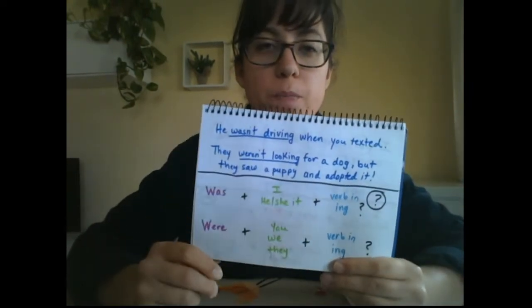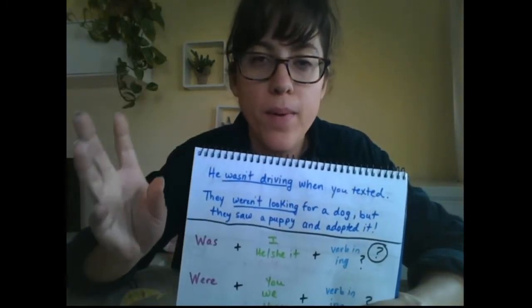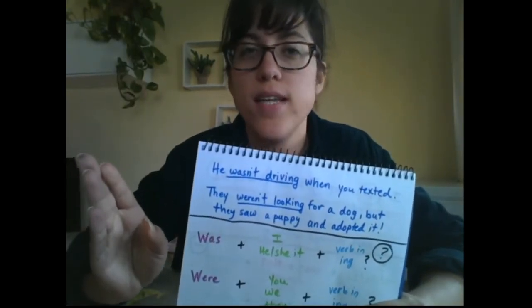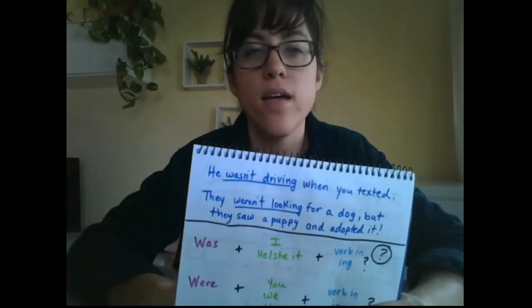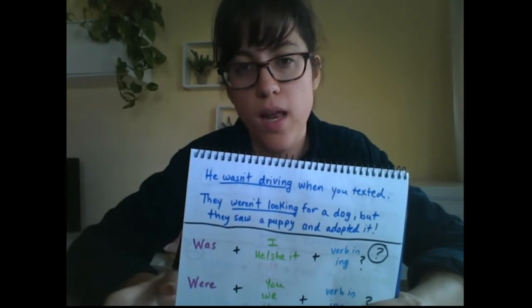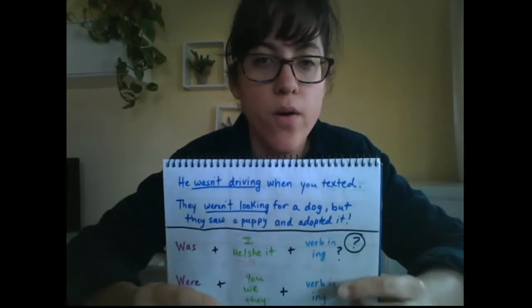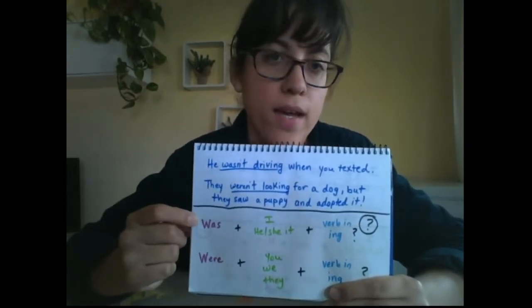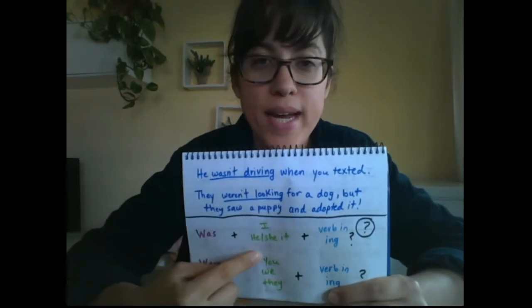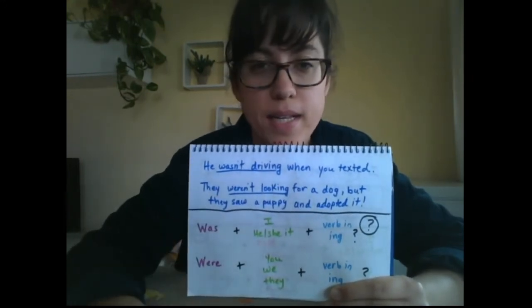What do we do? Now, como en todas las preguntas, hay que venir primero el verbo, aunque sea el verbo auxiliar como do, does, did, o el verbo principal. En este caso, no hay verbo auxiliar. El verbo to be no necesita a ningún otro verbo, así que el verbo to be va primero. Y después, el sujeto. Aparte de eso, es exactamente igual.